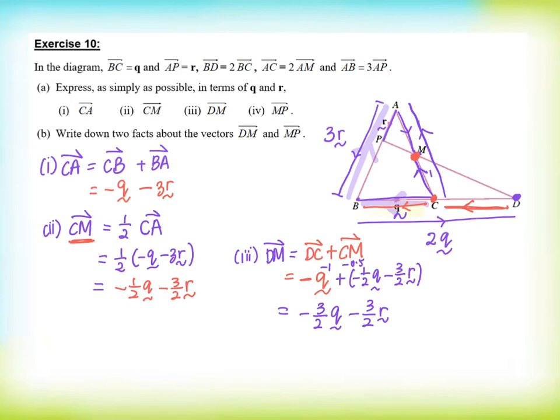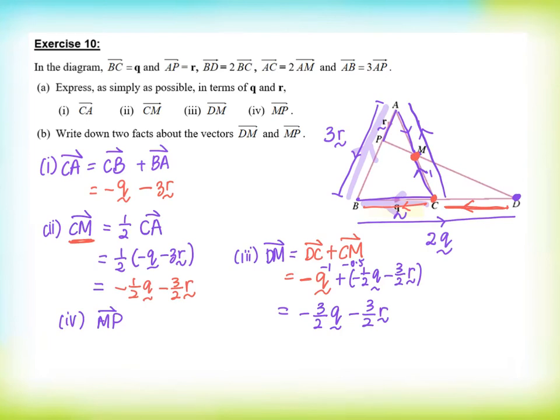Next part, IV, let us find MP. How can I travel from M to P? I know that M is in the midpoint.